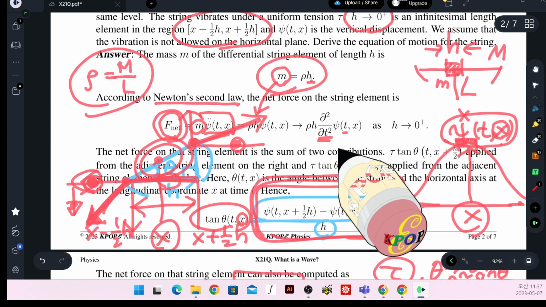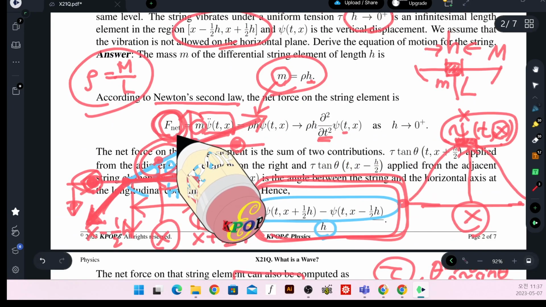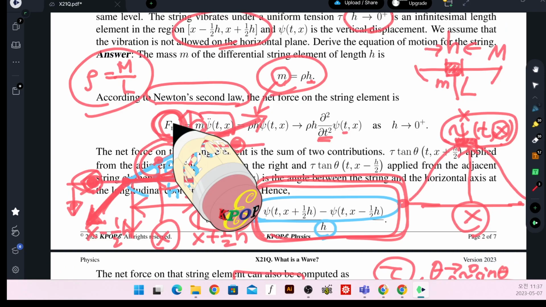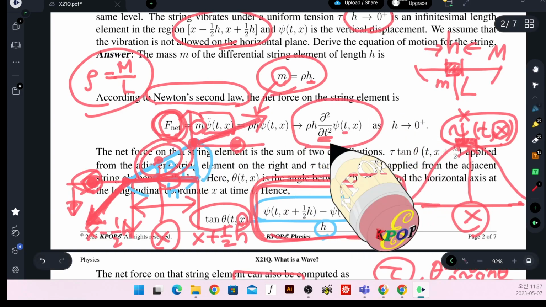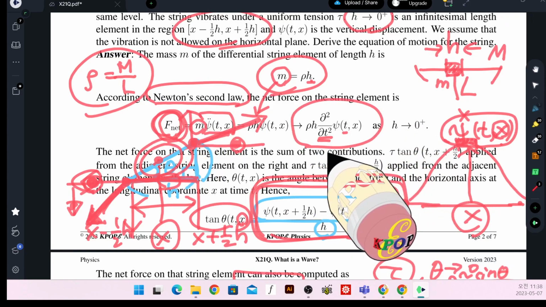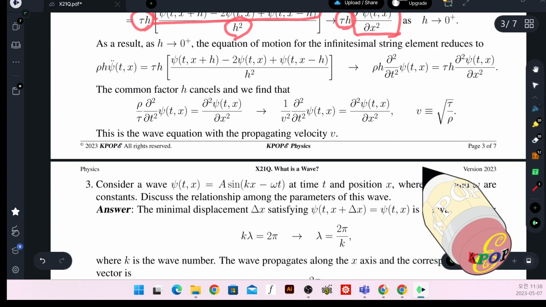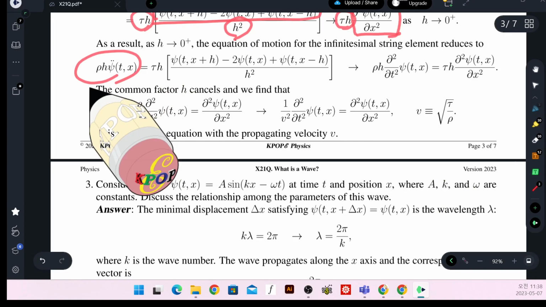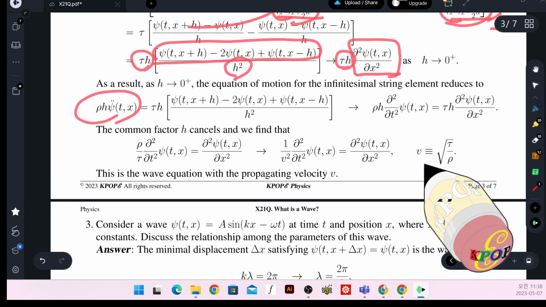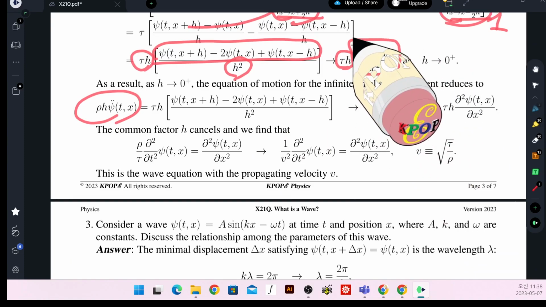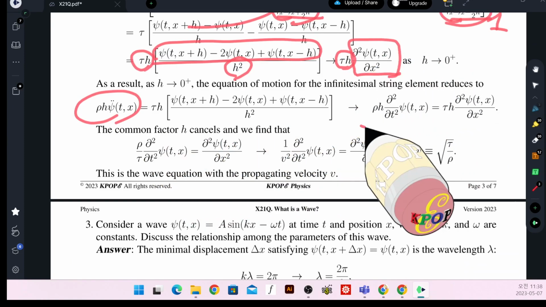We return to this point. Net force, according to Newton's second law, is rho h multiplied by the second-order time derivative, and tau h multiplied by the second-order position derivative. Okay.